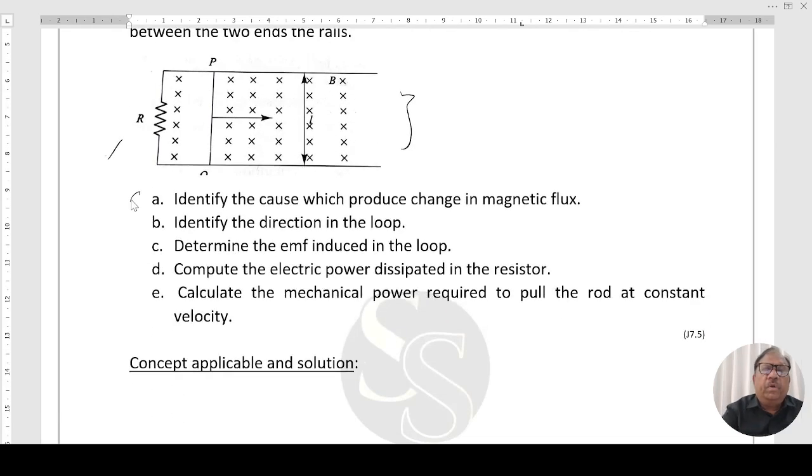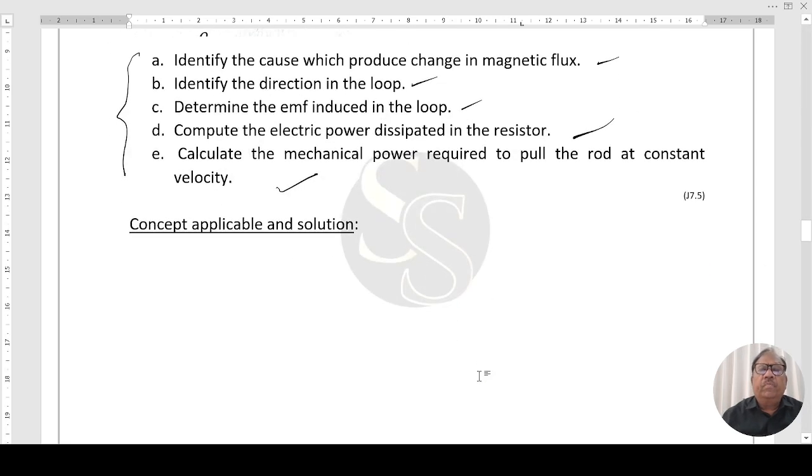Five parts are there to find out: identify the cause which produces change in magnetic flux, identify the direction of the induced current in the loop, determine the EMF produced in the loop, compute the electric power dissipated in the resistor, and calculate the mechanical power required to pull the rod at constant velocity. We will solve it one by one.